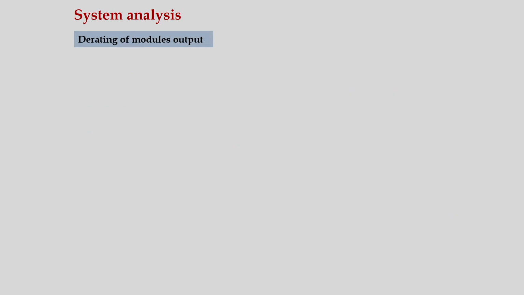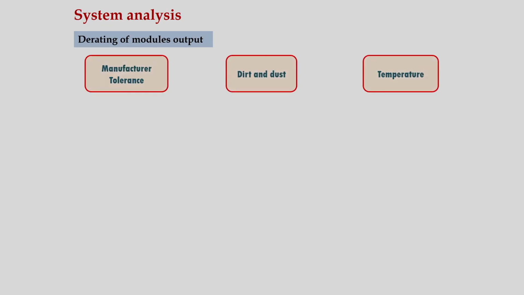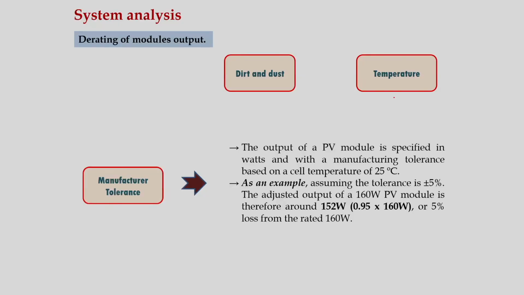So, derating of module output we will consider here. Three primary derating factors are manufacturer tolerance, dirt and dust, and temperature. We will discuss them one by one with a worked example. When we talk about manufacturer tolerance, when a module is manufactured, it has some kind of tolerances.